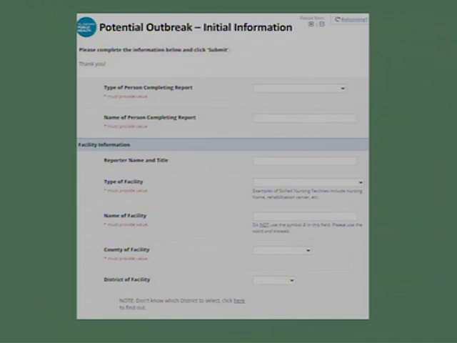And the next thing, the primary class of symptoms, if you're reporting COVID, you would choose COVID-19. That would be your answer there. And then the approximate number of people that are ill, that would be the total number you have ill. So you could have 6 students ill and 2 teachers, so you'd have a total of 8. And you would include them all in that section.